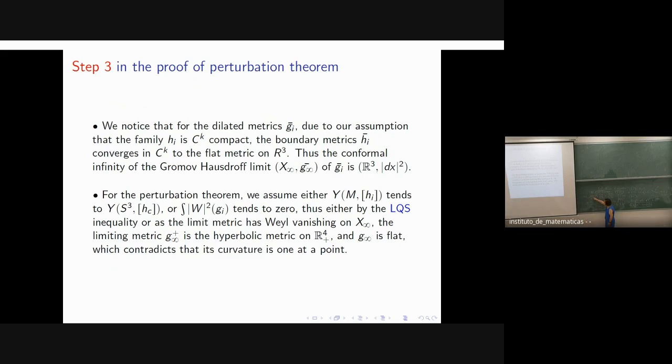Because this constant tends to 1, the limiting thing is the hyperbolic metric. So we know that the limiting metric is the hyperbolic metric. Or if we assume the L2 norm of Weyl tends to 0, then the only concrete Einstein metric with Weyl equal to 0 is hyperbolic. So in either assumption, we conclude the limiting metric must be the hyperbolic metric, and that's the only possible limit of everything. So we reach the compactness that way.